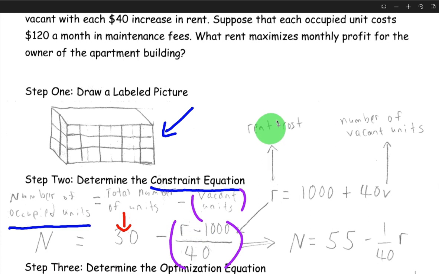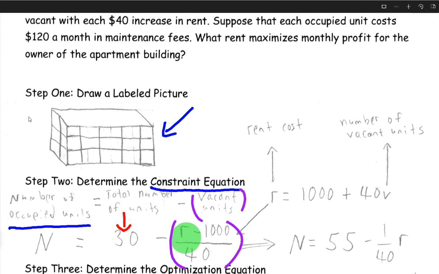Well, that's because we are trying to optimize how much money we're going to make in total, and that will involve our rent cost. We need those units in our constraint equation, and you'll see why more when we look at the optimization equation. That's it for step 2 of determining the constraint equation.